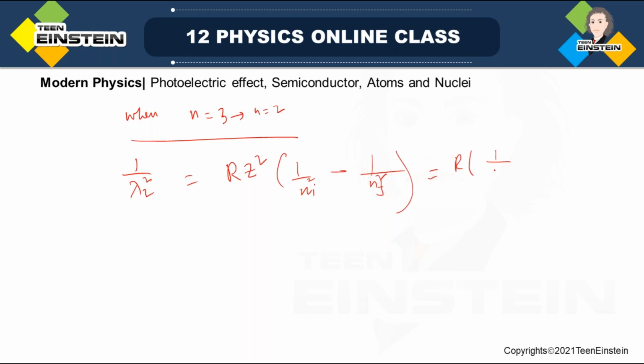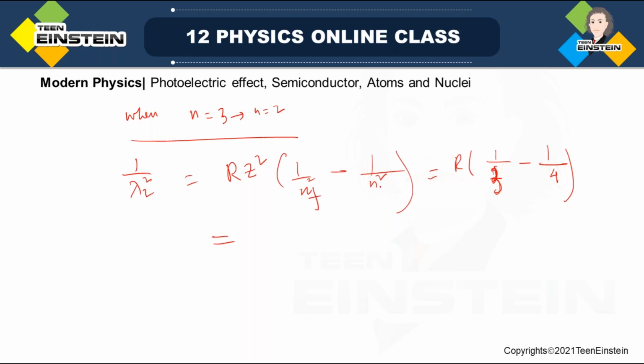N1 square is 1 itself, this is 4. I'm sorry, this initial will be 3. Initial 3, and I have written these a little wrong.